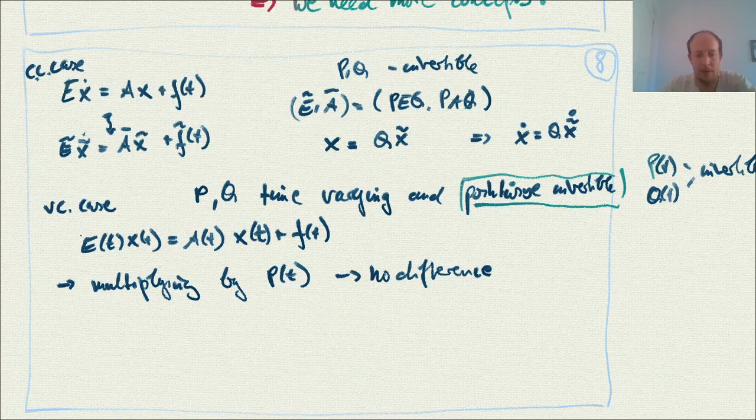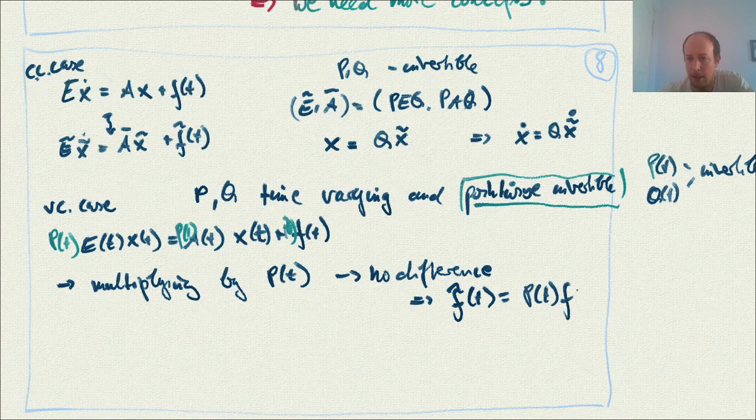I mean, we can just multiply here with p of t, doesn't change, and then immediately gives, for example, f tilde of t to be p of t f of t.